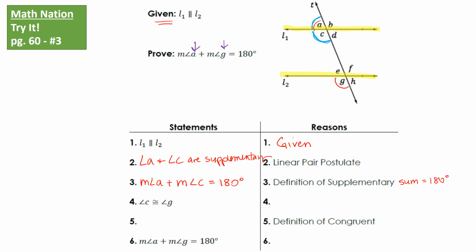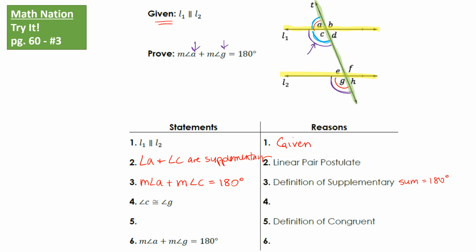They tell us in statement number 4 that angle C and angle G are congruent. So if I notice the position of angle G and C, I notice that both of those angles are on the same side of the transversal, right? So angle C and G are on the same side of the transversal, and both of them are on different levels.